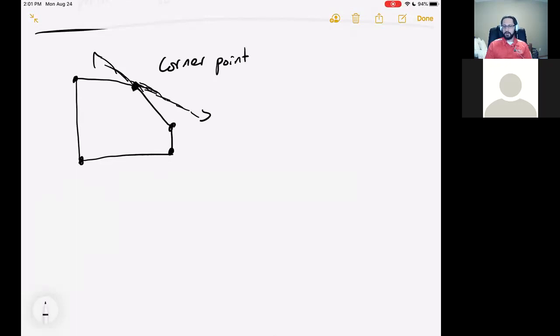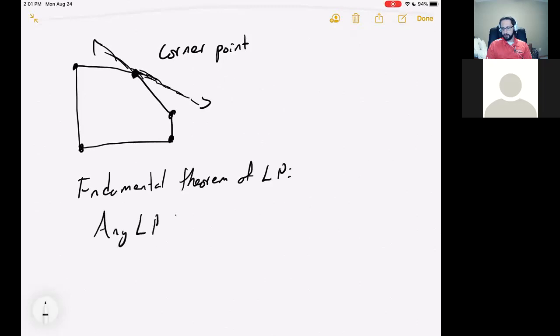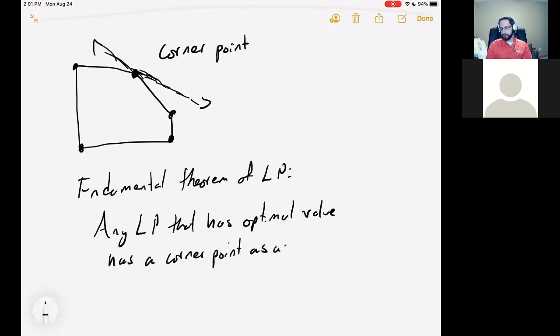There is a fundamental theorem of linear programming that says any LP that has an optimal value has a corner point as a solution.